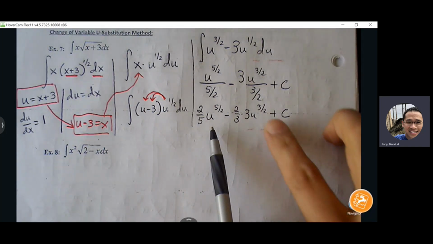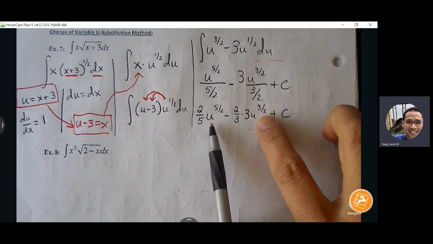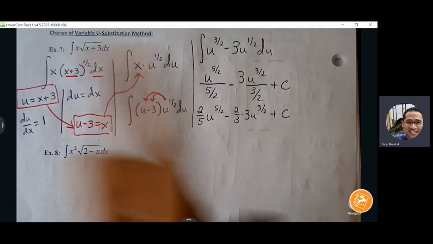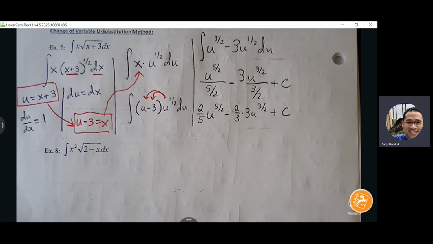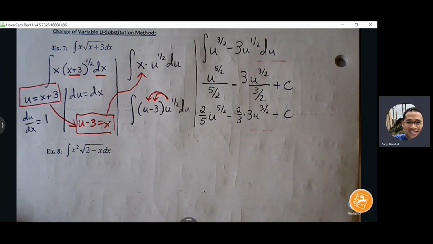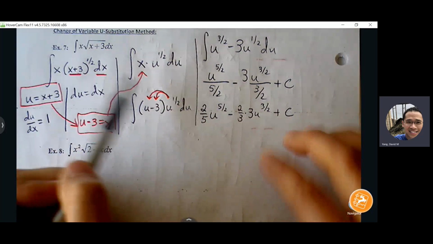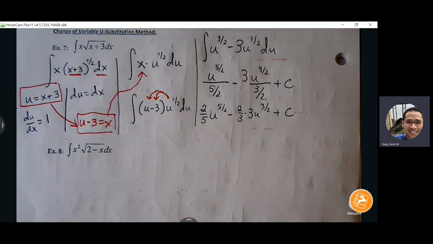I mean, it's a relatively minor mistake because you did all the calculus. If you leave your answer in this form, you're still getting the vast majority of the points. But just remember that you shouldn't be leaving your answer in terms of U. We started with X, we want to end with X.